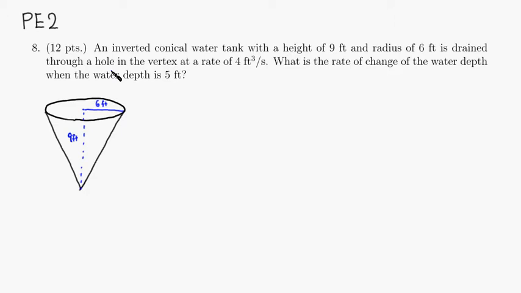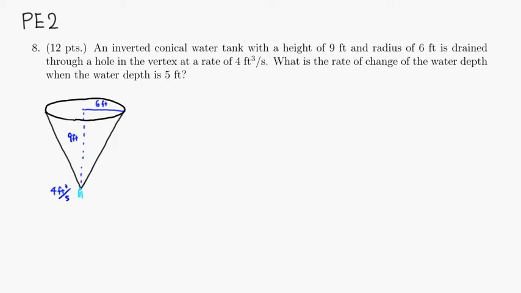Right through the hole at the vertex, so right at the bottom, the water is coming out at the rate of 4 cubic feet per second. What is the rate of change of the water depth when the water depth is 5 feet?